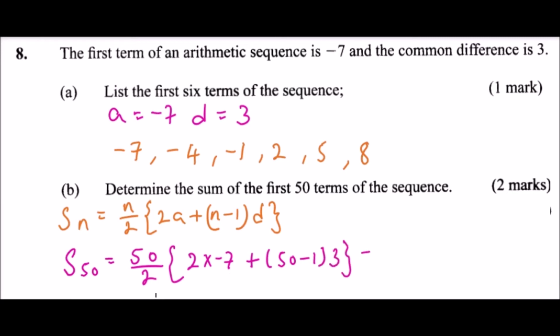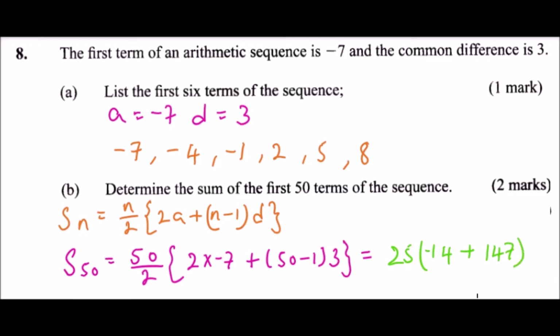So 50 divided by 2 is 25. Then in the bracket, 2 times minus 7 is minus 14, and then plus 49 times 3, which gives you 147.